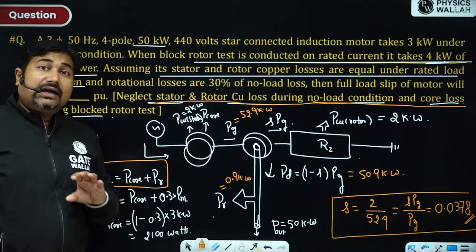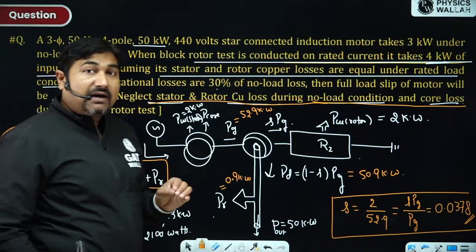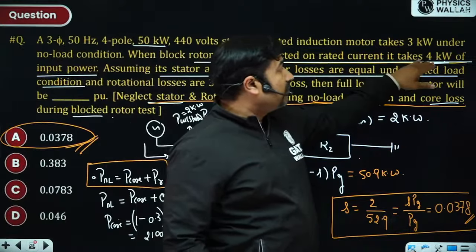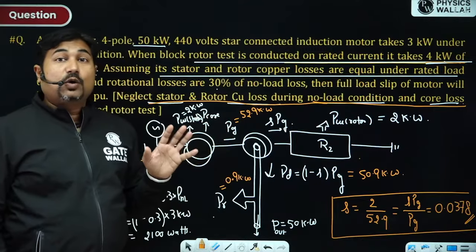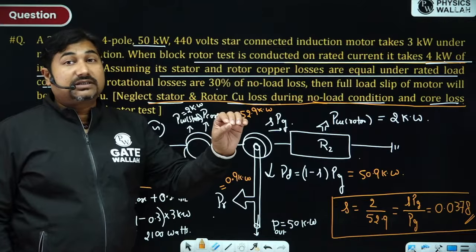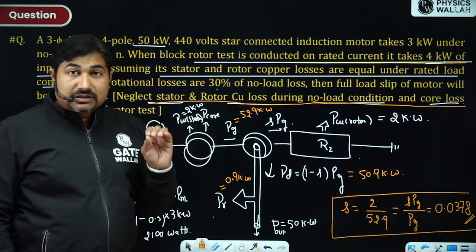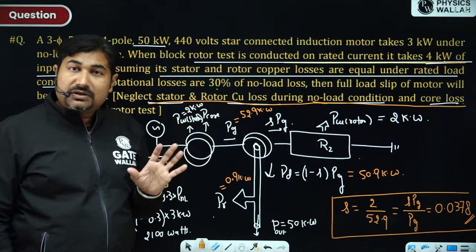Next, it is given from the block rotor test data that the input power under block rotor condition is 4 kilowatt. Under block rotor condition, if we neglect core loss, then whatever power input is there will be dissipated across the resistances only, across the stator and rotor resistances only. So there will be a stator copper loss and rotor copper loss only.